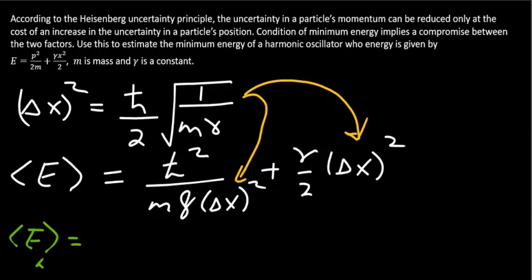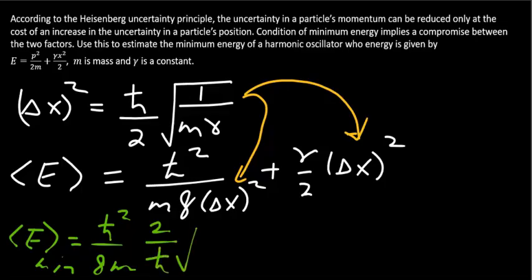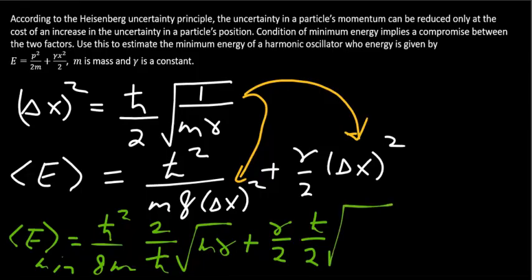The energy or the minimum energy equals h bar squared over 8m times 1 over delta x squared. So 1 over delta x squared is 2 over h bar square root m gamma. Now the second term, gamma over 2 delta x squared. So delta x squared is h bar over 2 square root 1 over m gamma.